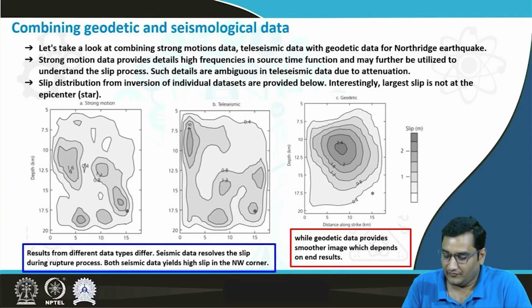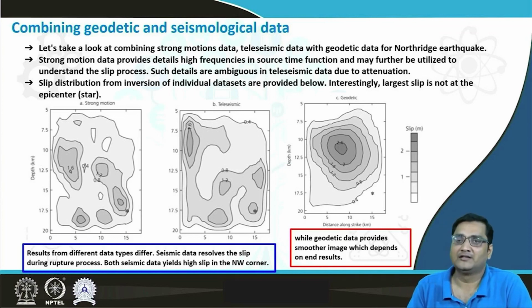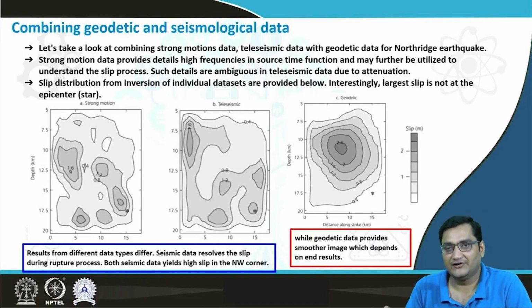If you look at the teleseismic data, such details are not possible, or you can say those details will be ambiguous and will not be provided by the teleseismic data due to the attenuation of the teleseismic waves.